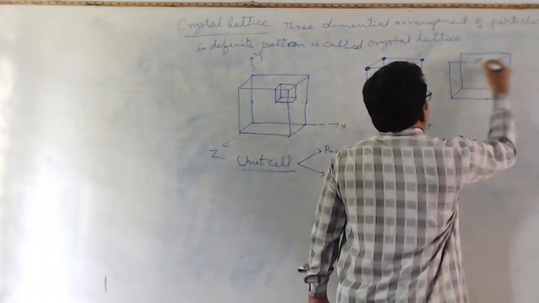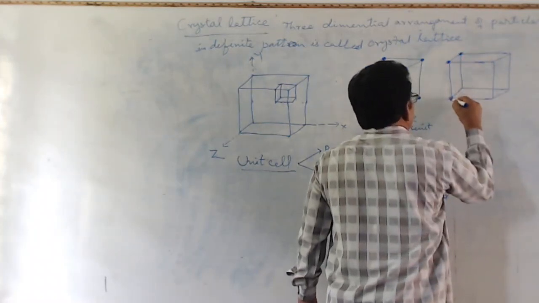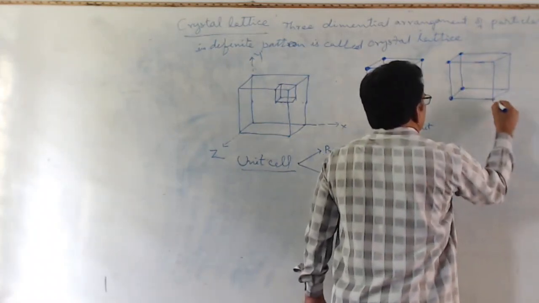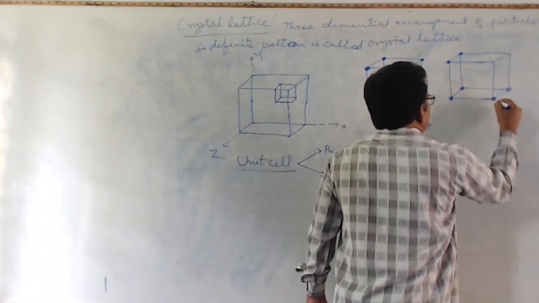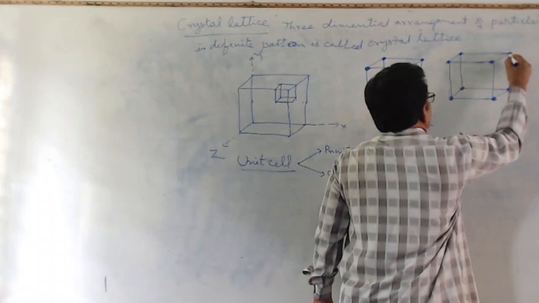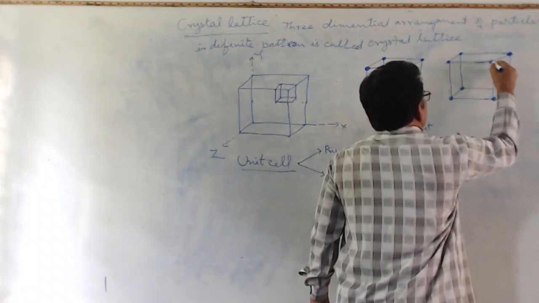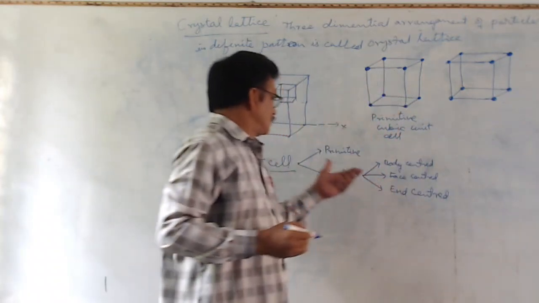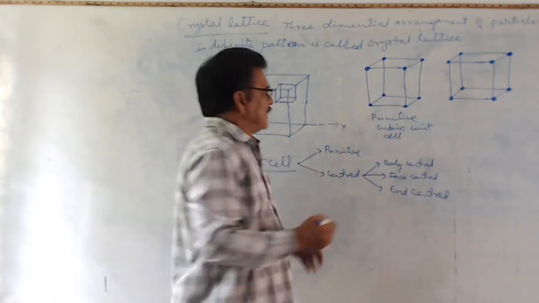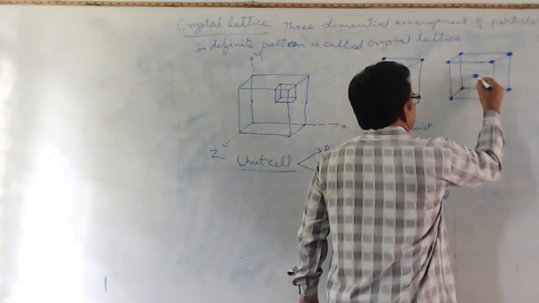In a body-centered cubic unit cell, lattice points are at the corners and also at the body center. So in this type of unit cell, lattice points are at corners and at a body center.